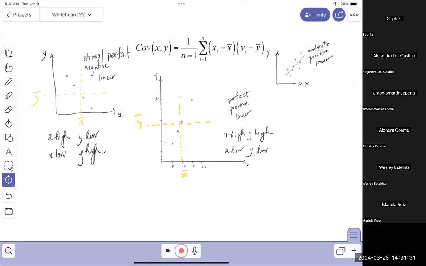So when x is high, y is low. When x is high, what will this be? A positive or negative when x is high? So when a value of x is below x bar and you subtract the x bar, what will you get? A positive or negative?